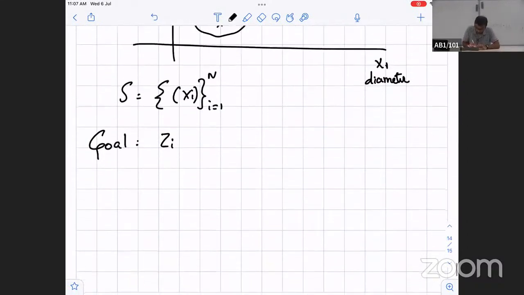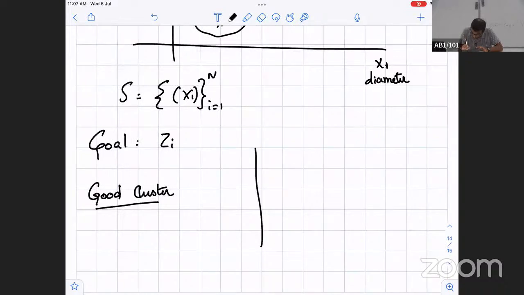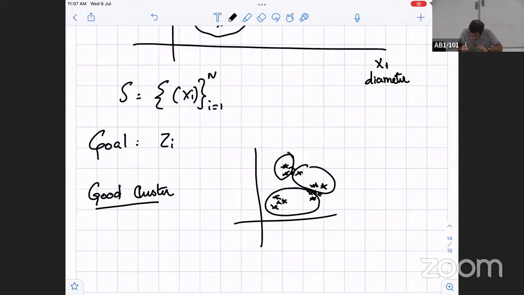So how do you tell which is good? What is a good cluster? We need to understand that. Let me give you an example. Let's say there is one cluster like this, and there is one more clustering for the same points.